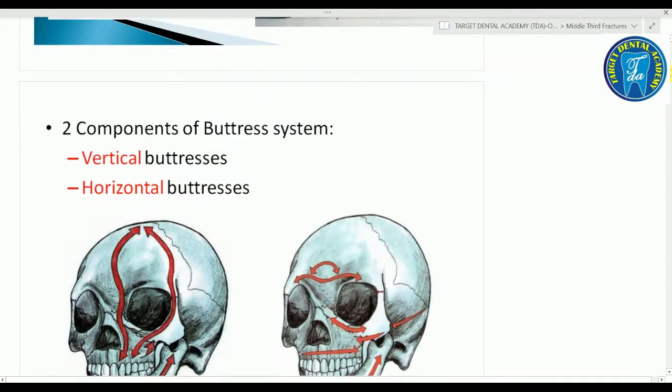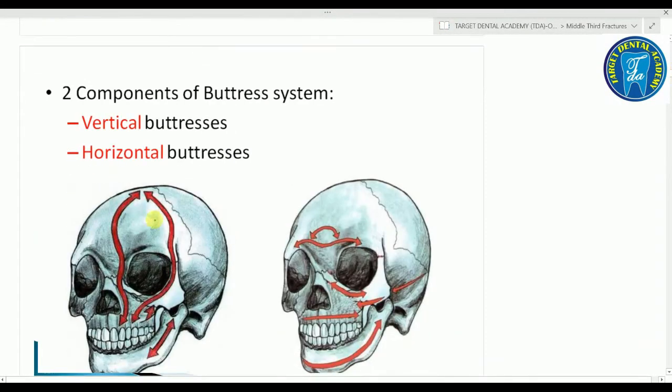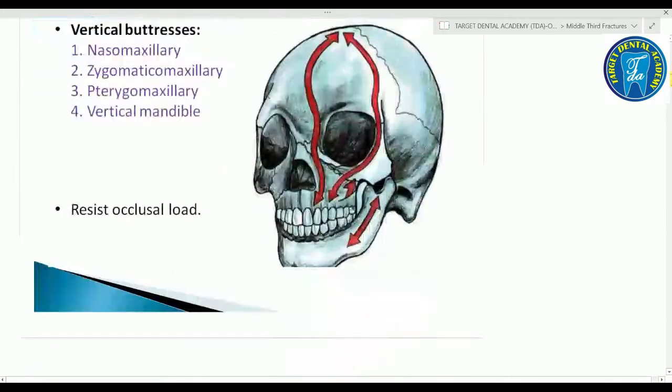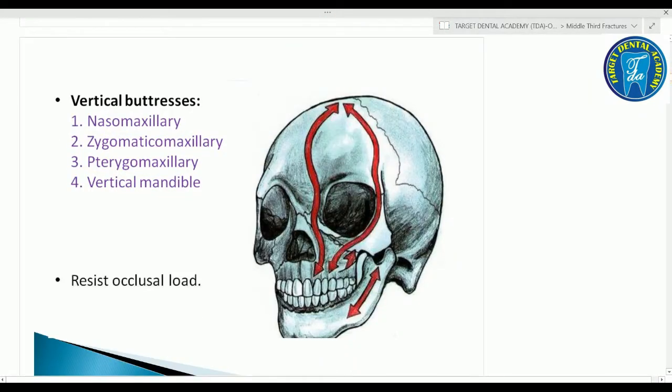Coming on to the components, as I've already told you, we have the vertical buttresses and the horizontal ones. The vertical buttresses are the nasomaxillary, important for your MCQs. Nasomaxillary, zygomaticomaxillary, pterygomaxillary and vertical mandible.